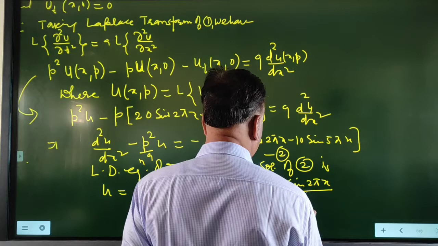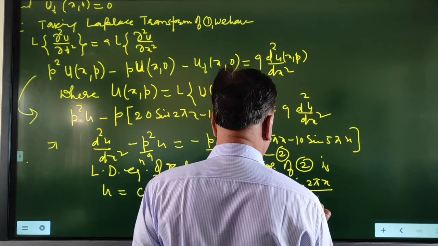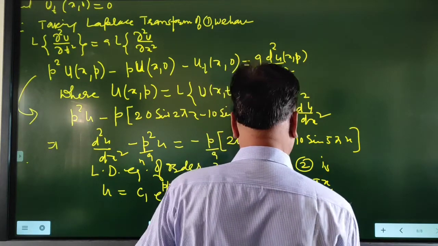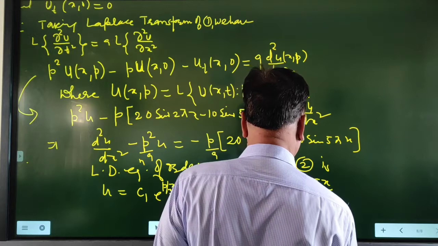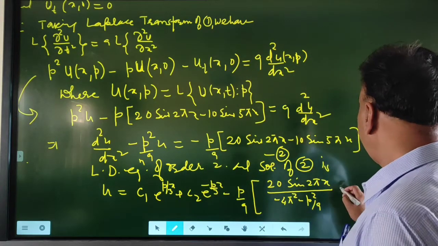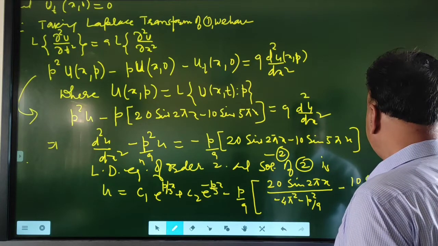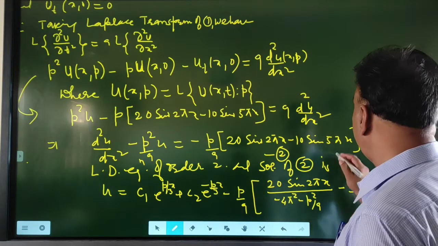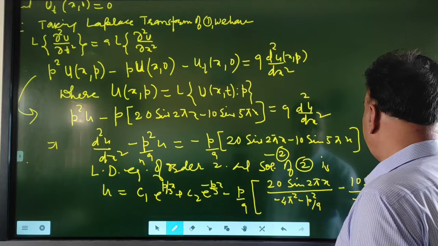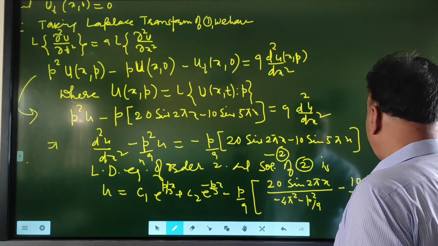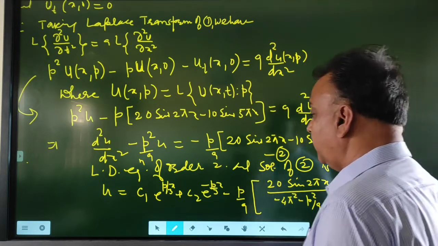So minus 4 pi square minus p square by 9, minus 10 sine 5 pi x upon D square, that is minus 25 pi square minus p square by 9.